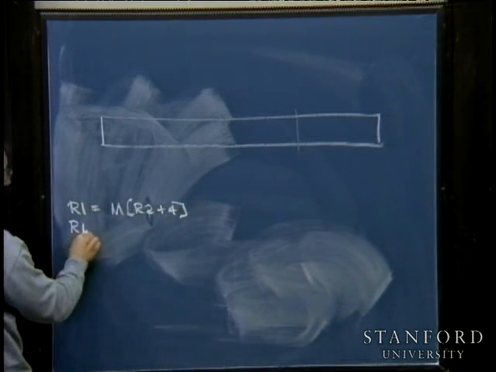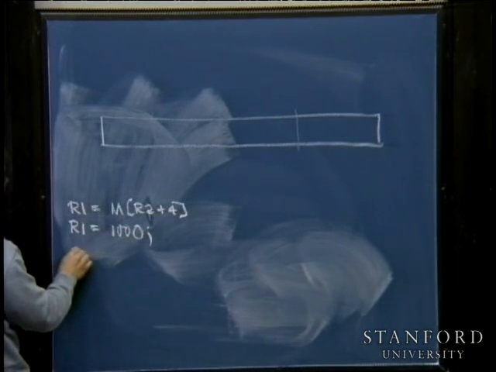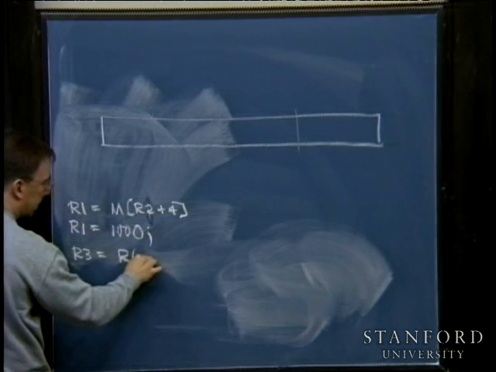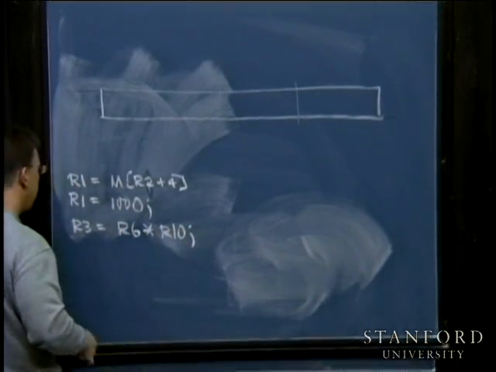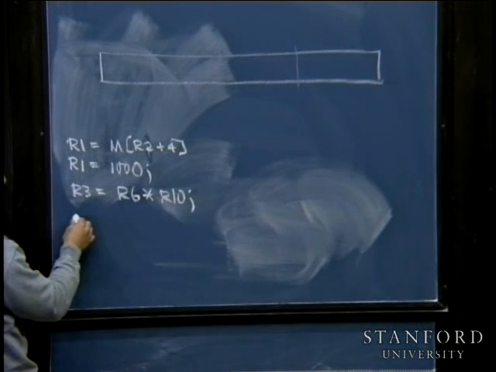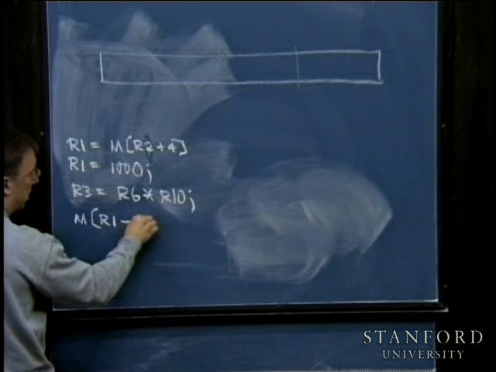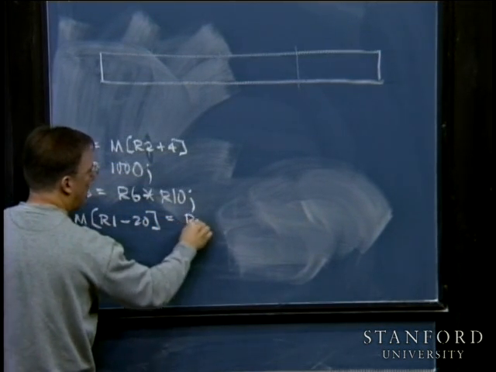Something like R1 is equal to a constant. It's not unusual either. Maybe you see something like this. R3 is equal to R6 times R10. And then something like M of R1 minus 20 is equal to, let's say, R19.